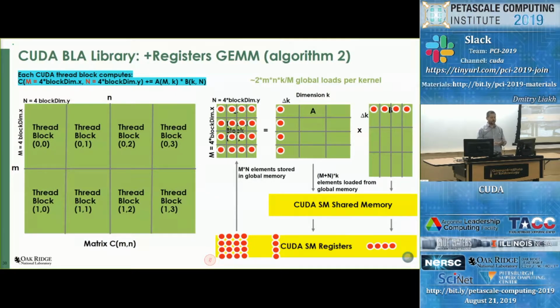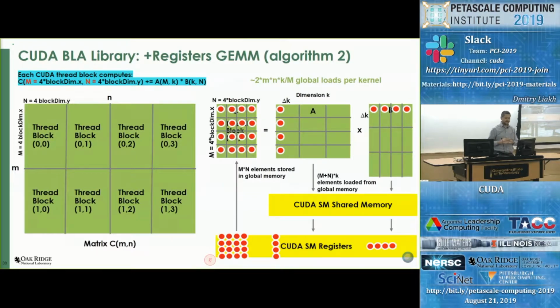So our thread block is still 16 by 16, but the tile computed by this thread block is 64 by 64, which means that each thread now computes a 4 by 4 sub-tile of that tile. Before it was a single element, now it is 16 elements. So each thread computes 16 elements of the tile assigned to the thread block. And that's how we increase the compute intensity.